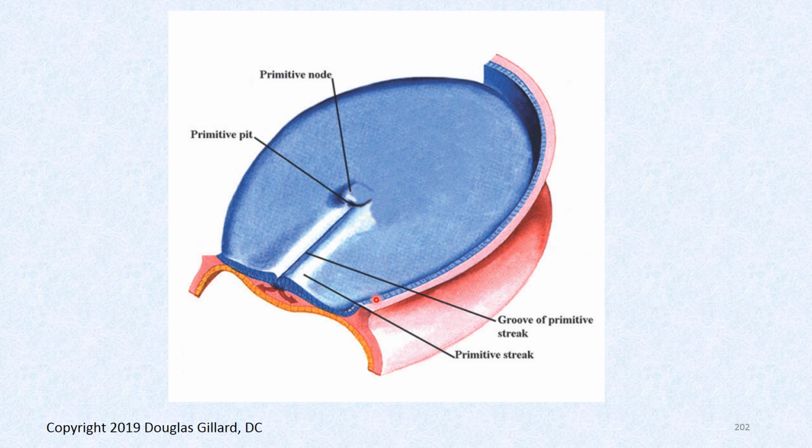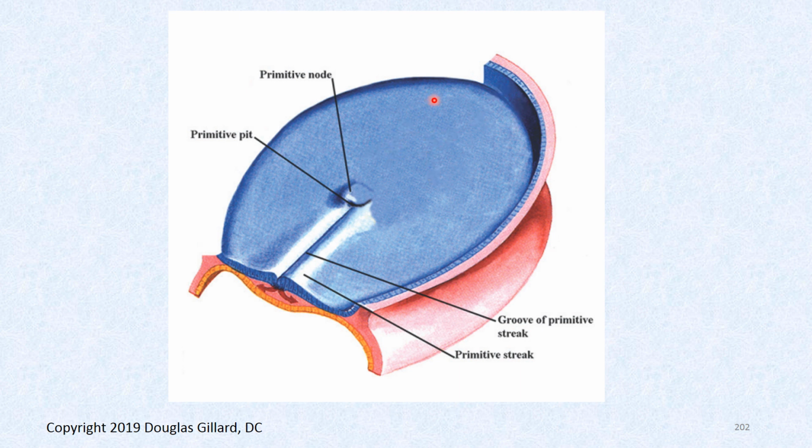It's pretty nice. Another drawing. Again, that same view. We're looking at the dorsum of the bilaminar disc here. The amniotic cavity has been cut away. You can still see the amnion here. So now let me ask you, which way is cranial and which way is caudal? Well, cranial can't grow a primitive streak.